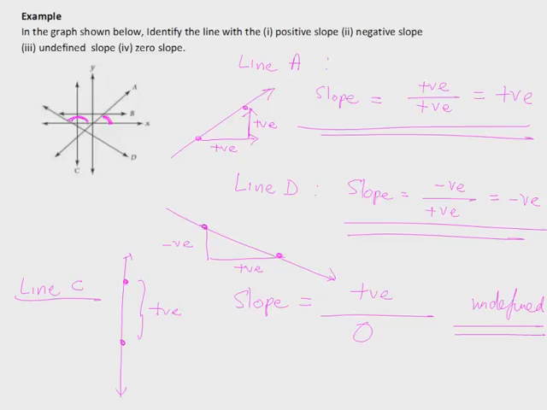How about line B, which is a horizontal line? What is its slope? Again, we have 2 points. To move from point X to Y, I moved a certain positive distance horizontally, but I have moved no distance at all vertically. So the vertical distance is 0.